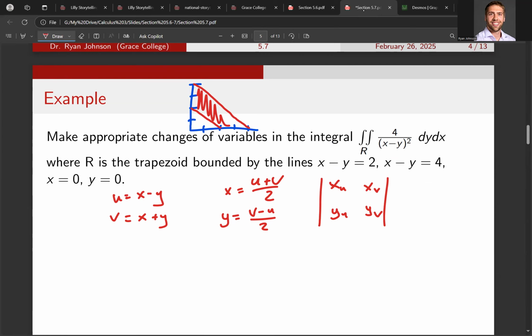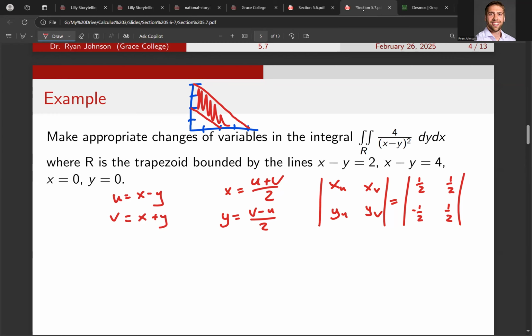So the 4 partial derivatives are xu, xv, yu, and yv. So xu would be 1/2. xv would be 1/2. yv would be 1/2. And then yu would be negative 1/2.